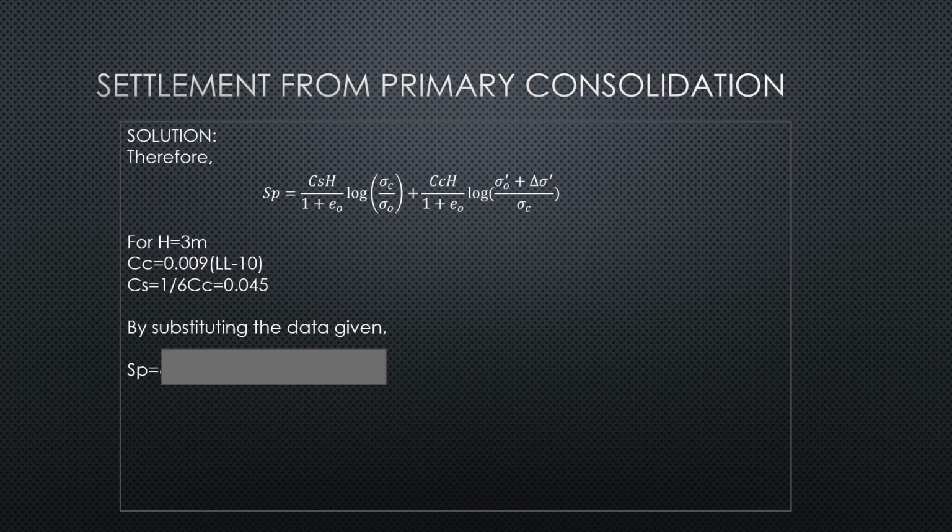But for our next topic, we will be discussing the settlement from primary consolidation with consideration of the isolated footing. So in our next discussion, we will be discussing how we could compute the average effective stress under the footing.